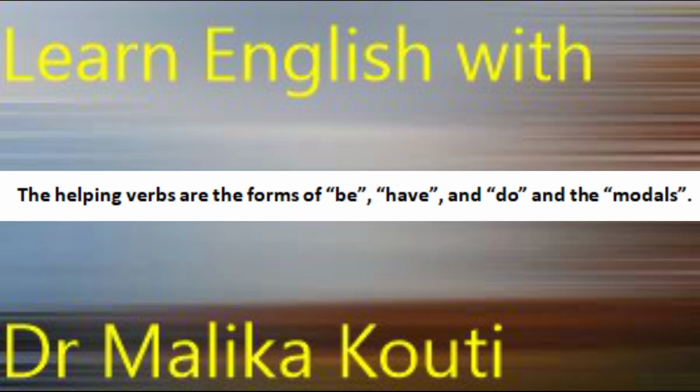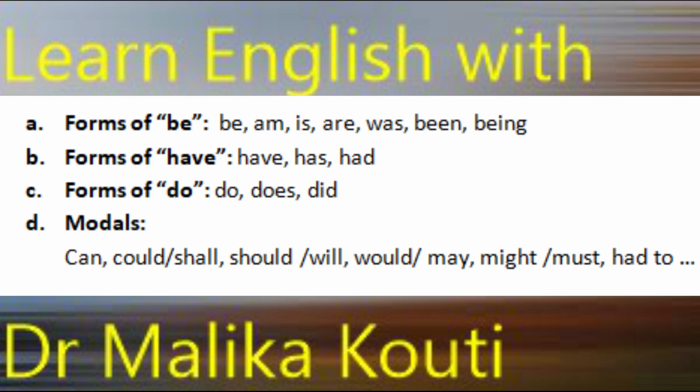Good. The helping verbs are the forms of be, have, and do, and the modals. Forms of be, which means verb to be. We have already mentioned that verb to be is a verb and auxiliary at the same time. So it can have these forms: be, am, is, are, was, been, being.